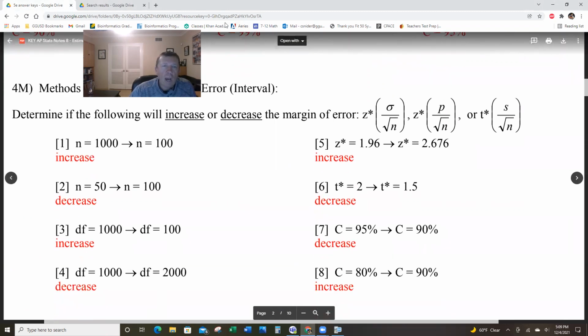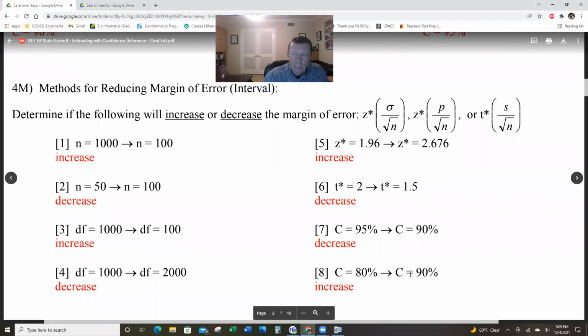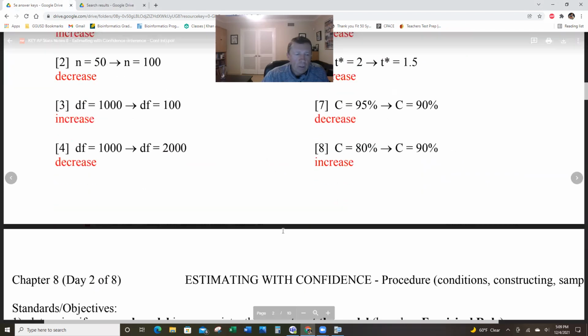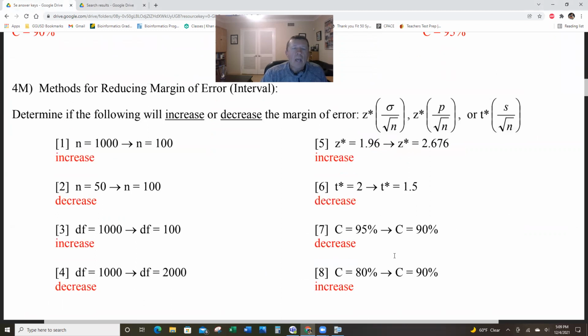We've talked quite a bit about how to reduce the margin of error. Okay. Again, if you look at my hands, the goal is always to reduce the margin of error, because you want the interval smaller because you want to be more confident. You want to pinpoint things in statistics better. All right.